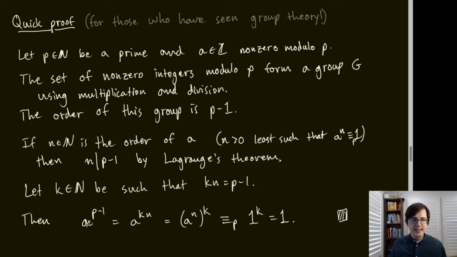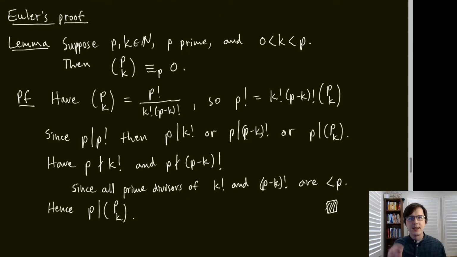We can calculate that a to the p minus 1 is a to the kn by substitution, and then use the exponentiation law to say that it's a to the n to the k. But a to the n, because it's the order, is 1 mod p, and 1 to the k is 1. So that is the proof that way. But let's do a more elementary proof.